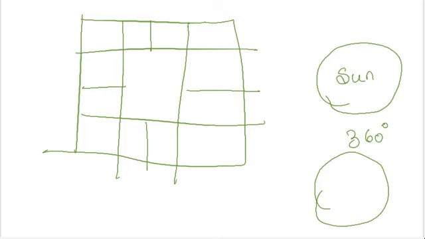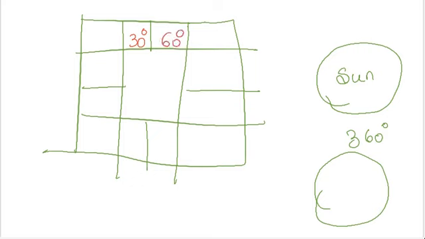Before the mathematical explanation you should know these 12 houses are a composite of 360 degrees, as I told you. So from here it starts at 30 degrees. Each house has its own 30 degree accommodation.